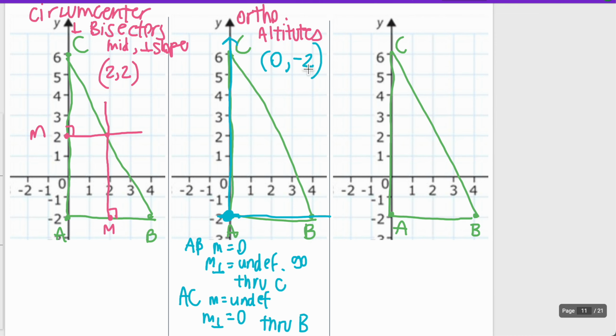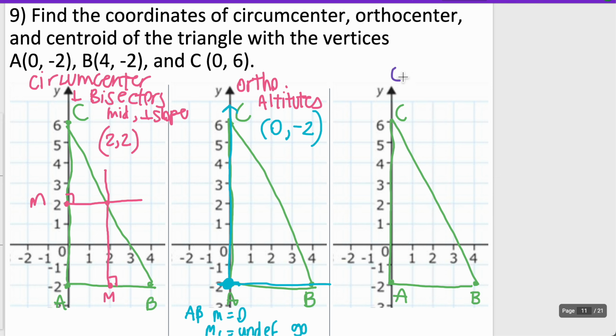Okay, the one that took the longest here was the centroid. So when I use the centroid, remember I'm trying to use the medians, and I'm connecting a median through the opposite vertex.